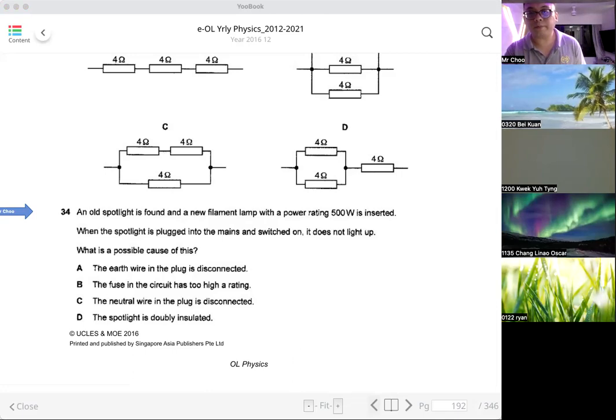Okay, Xiao Xing correct, Bei Kuan try again, Yu Ting correct, Hao Rui correct. Bei Kuan, well done. Ryan, well done.